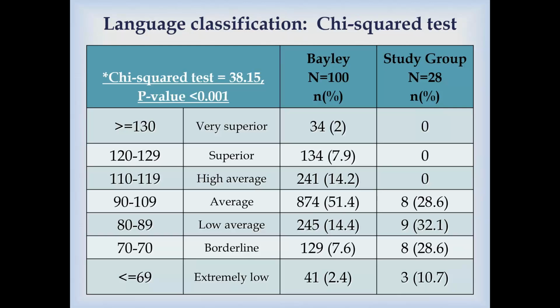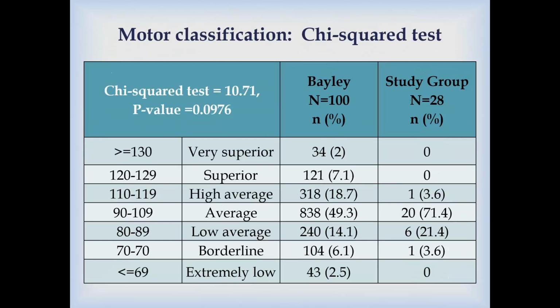And the chi-square, again, looking at the Bailey percentages versus our study group. The Bailey, again, the smaller group was 100 versus our study group of 28. This was the chi-square test looking at motor classification.